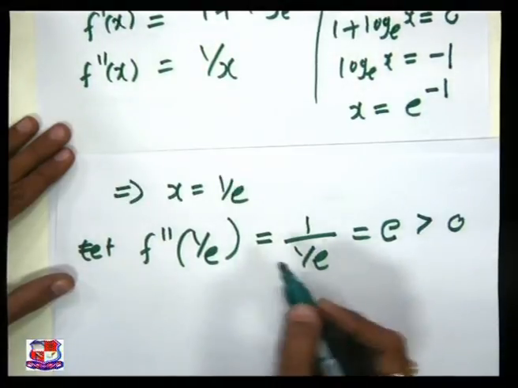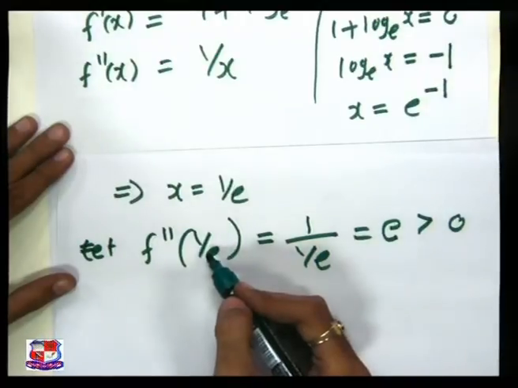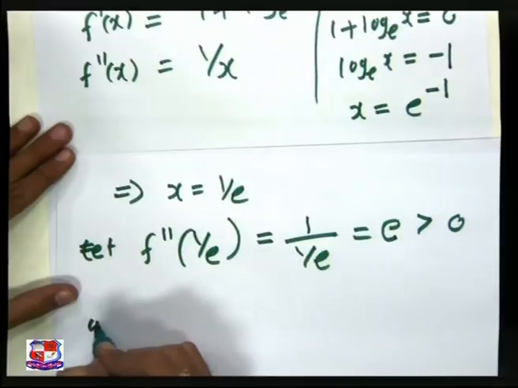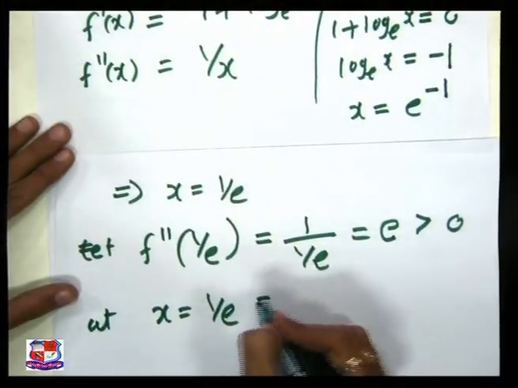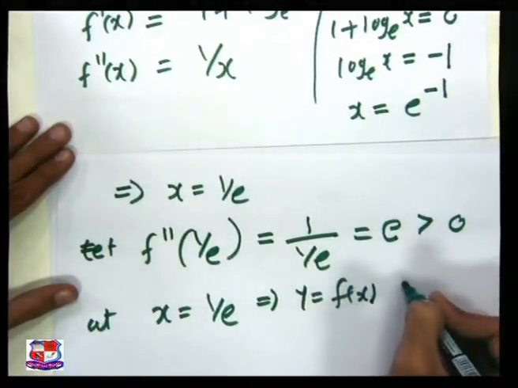If f double dash x is greater than 0, then at that point the function will be minimum. So we will write that at x is equal to 1 by e, y is equal to f of x, that is minimum.